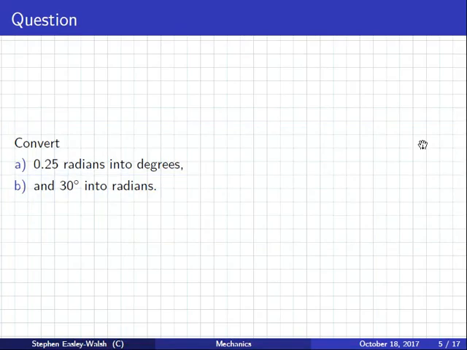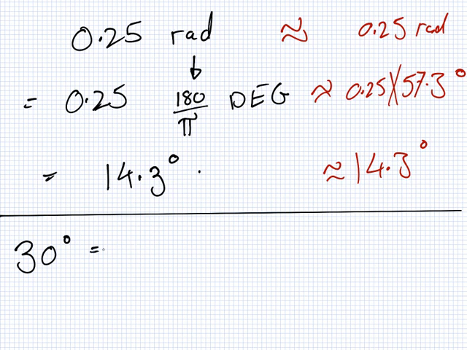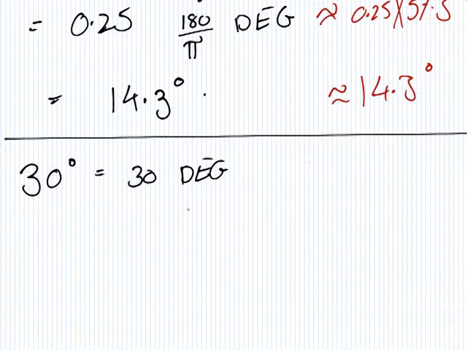30 degrees into radians. A little bit harder. You basically just divide it instead. 30 degrees equals 30 degrees, obviously. But we don't like degrees because we want to have it in radians, so we need to change it here.